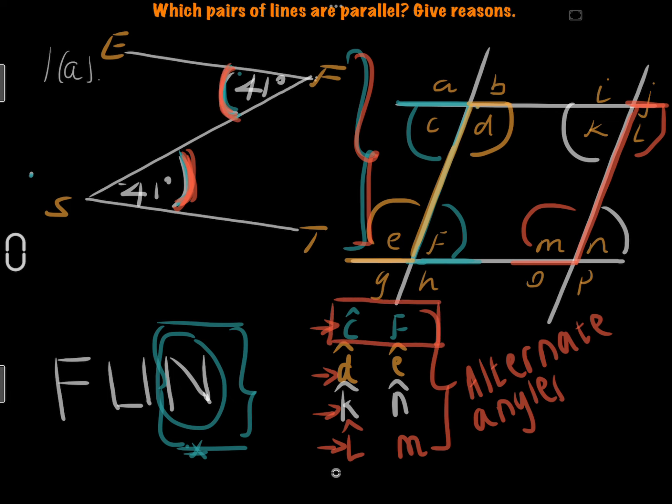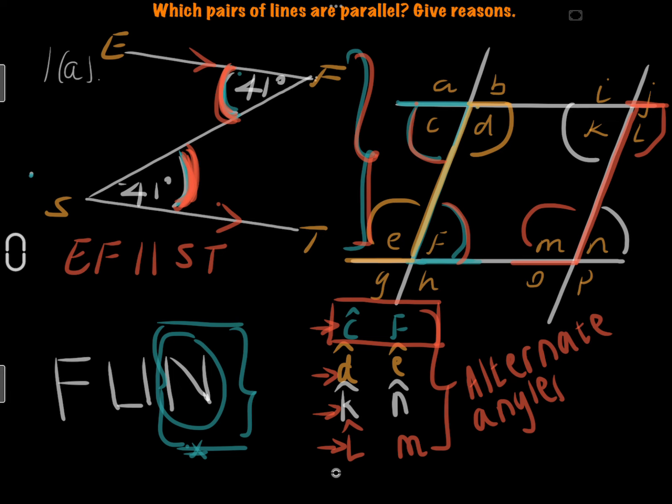This angle there and that angle, since they are equal, now we can conclude on that basis that line EF is parallel to line ST, only because angle C and angle F are equal.